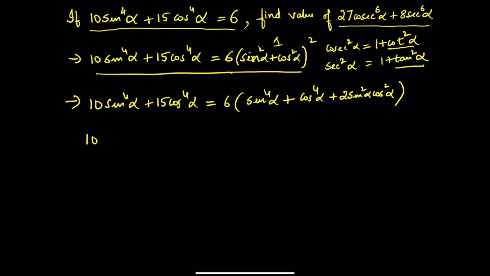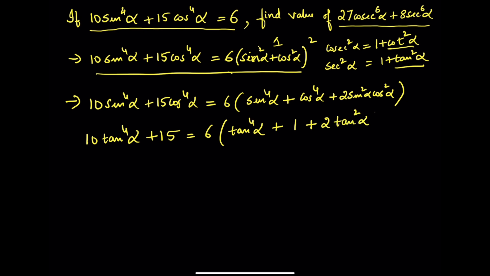So this will be 10 times tan to the power of 4 alpha plus 15 is equal to 6 times (tan to the power of 4 alpha plus 1 plus 2 tan square alpha). Correct?